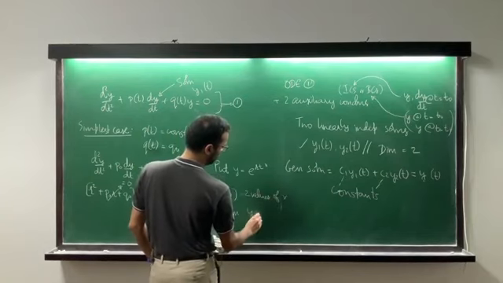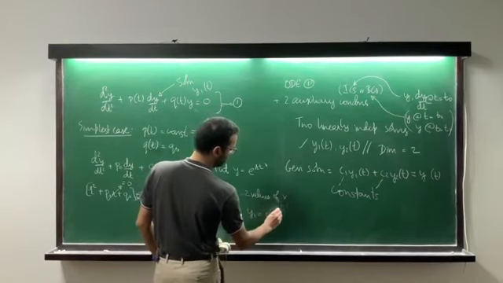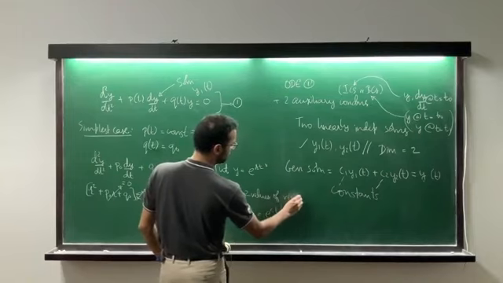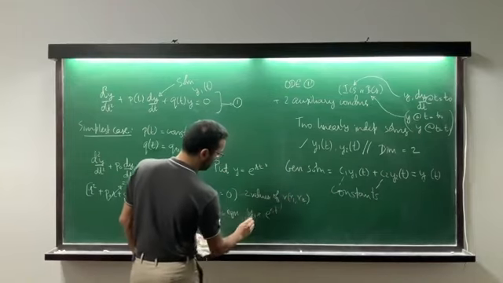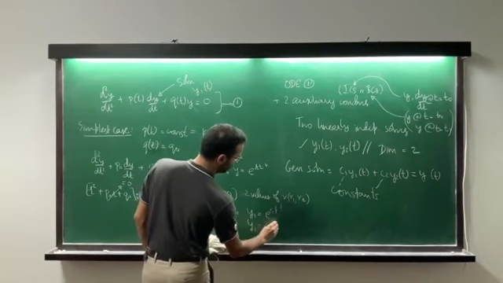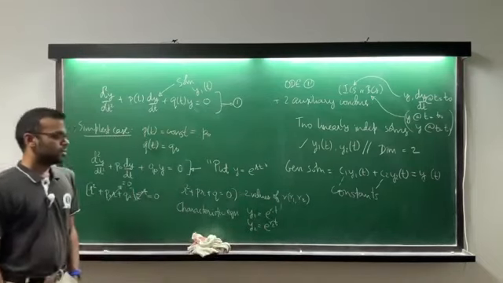So, then y1 is e to the power of r1t, let us call these two values r1, r2, and y2 is just e to the power of r2t. Okay.